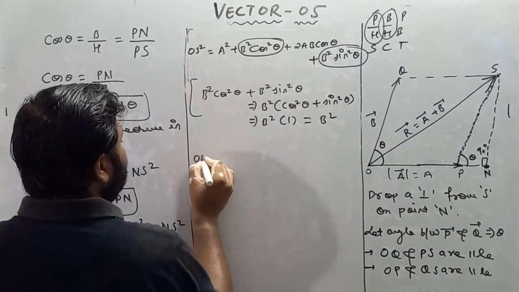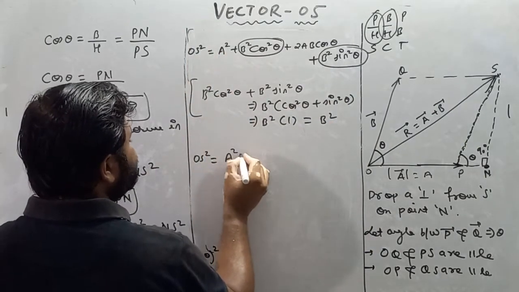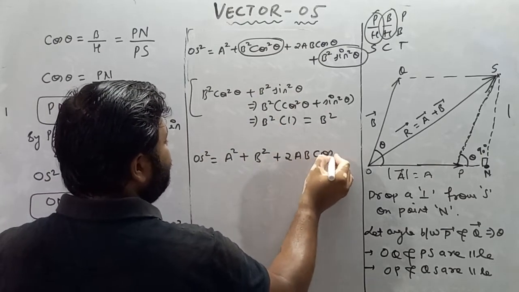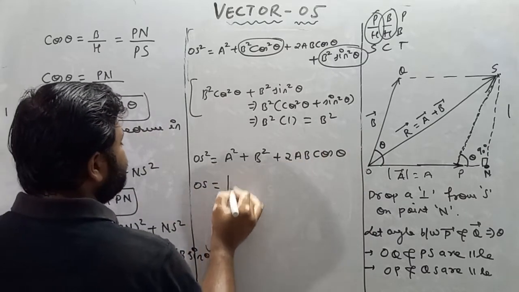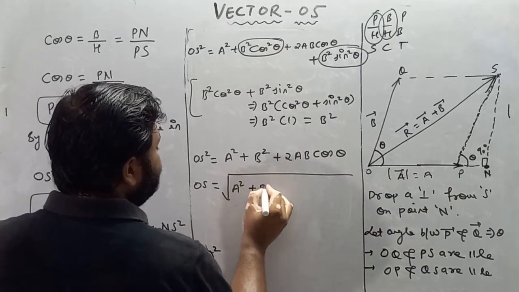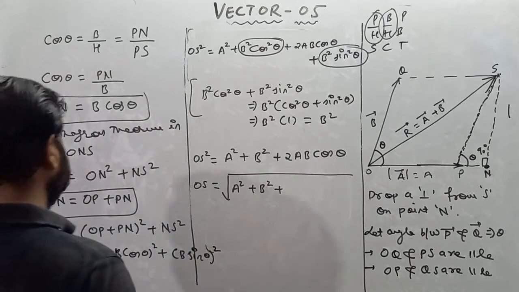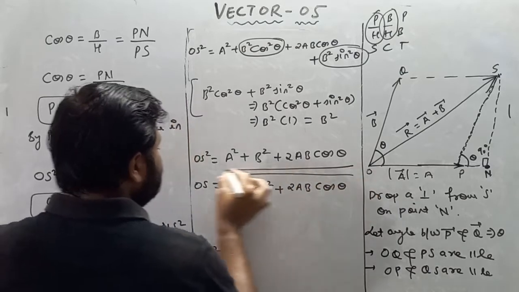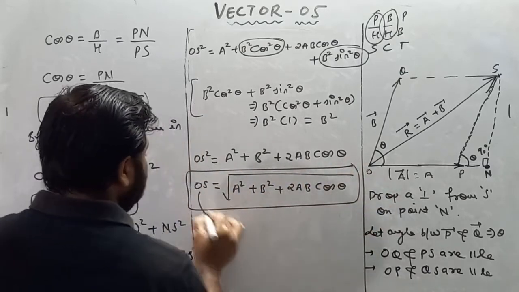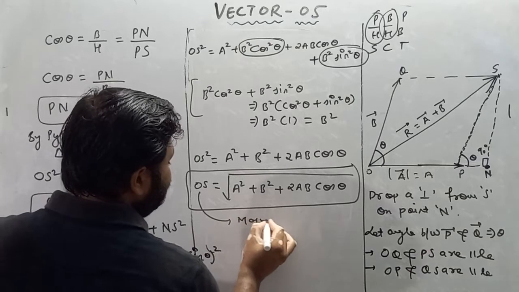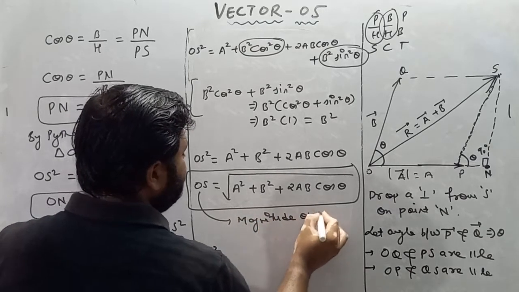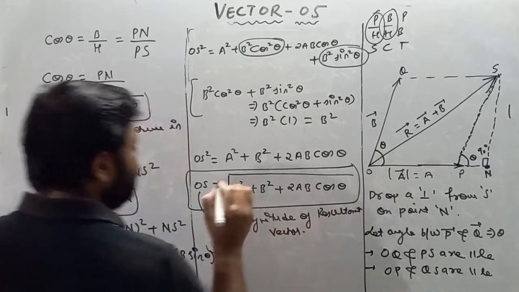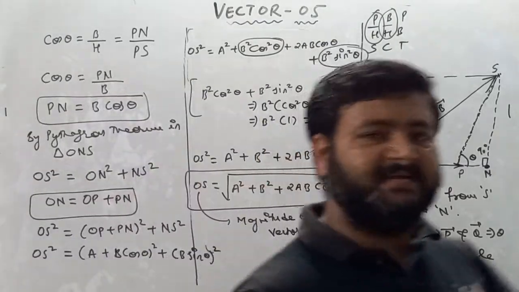So OS square is equal to A square plus B square plus 2AB cos theta. So OS is equal to under root A square plus B square plus 2AB cos theta. This is the value of the magnitude of the resultant vector.